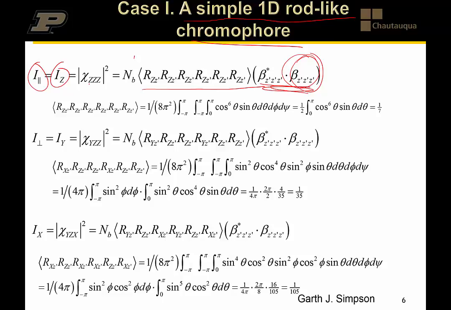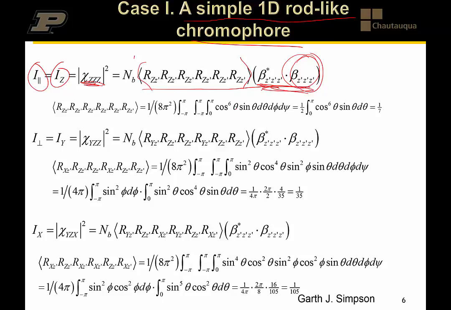If I want to know how chi-ZZZ in the laboratory frame relates back to beta ZZZ in the molecular frame: in hyper-Rayleigh scattering, because it is an incoherent detection technique, we integrate over all 6 of these rotation operations, not just 3 of them, like we would with coherent second harmonic generation.